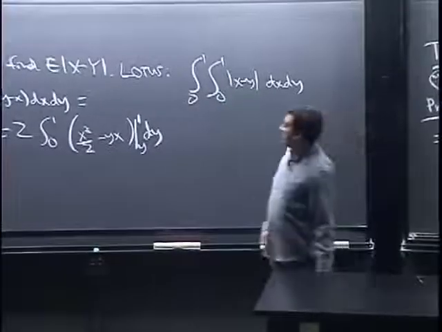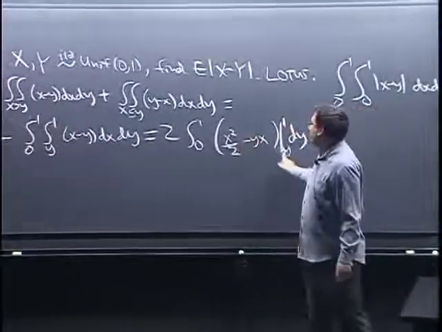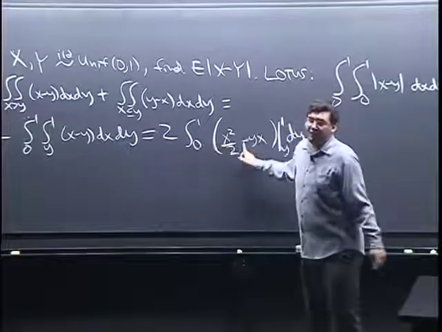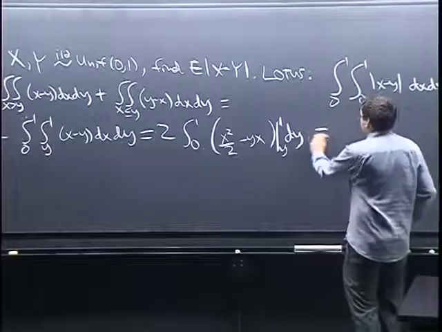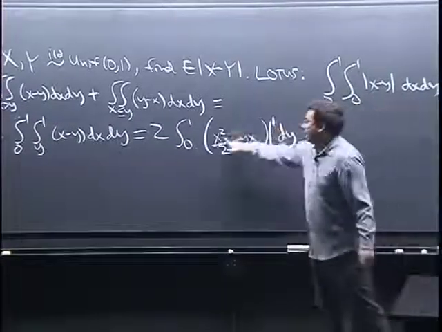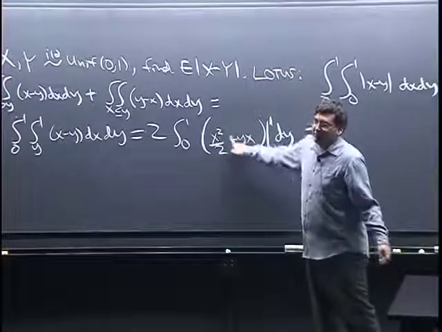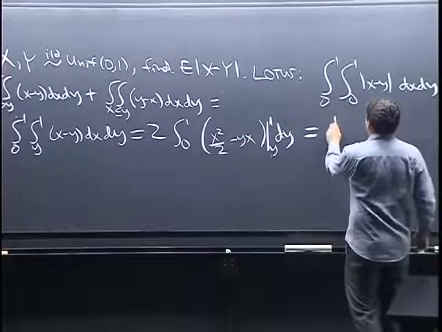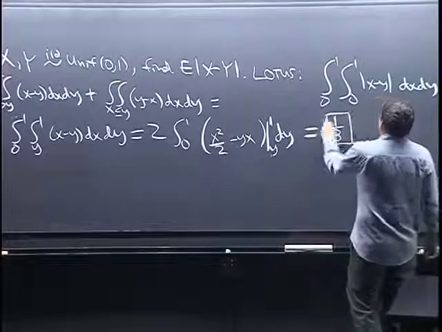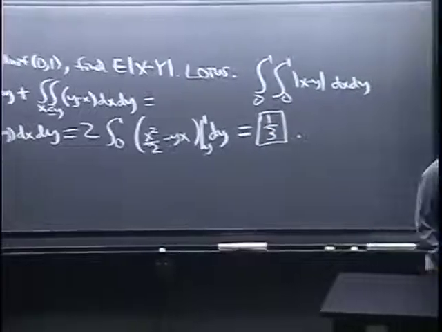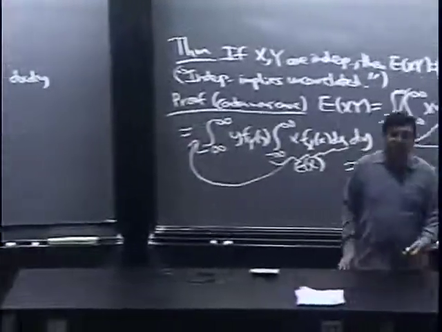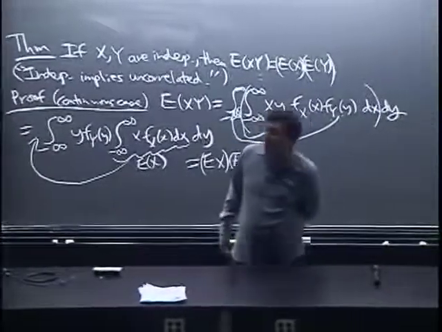Then we just plug in 1 and subtract, plug in y. And then it's a very, very easy integral, and I won't bore you with all the algebra for that. If you simplify that, you get 1/3. So the average distance between two uniforms is 1/3.